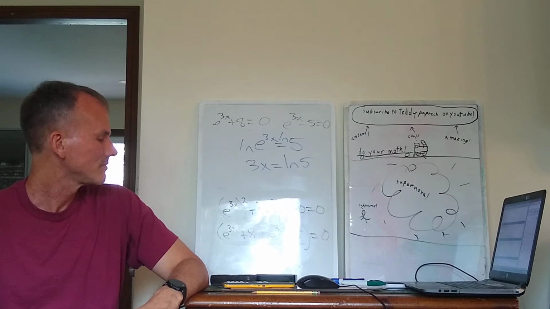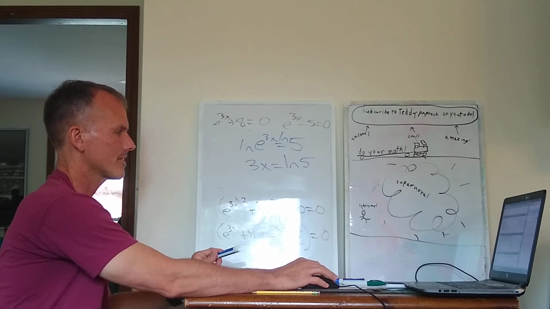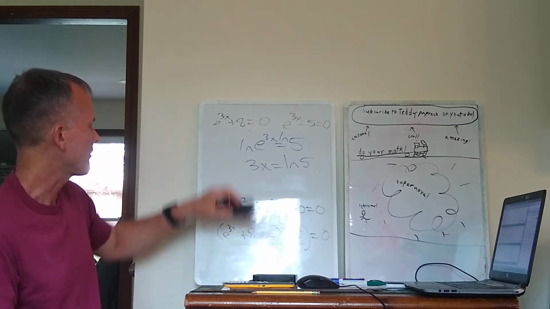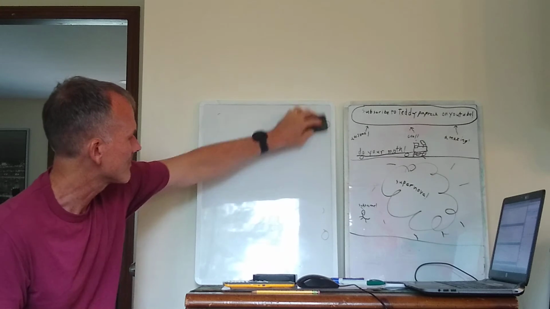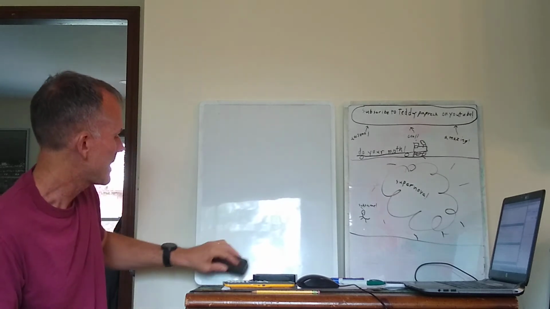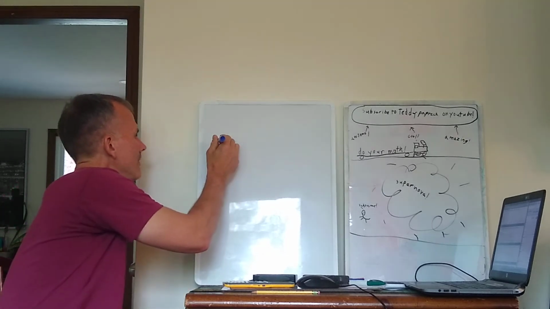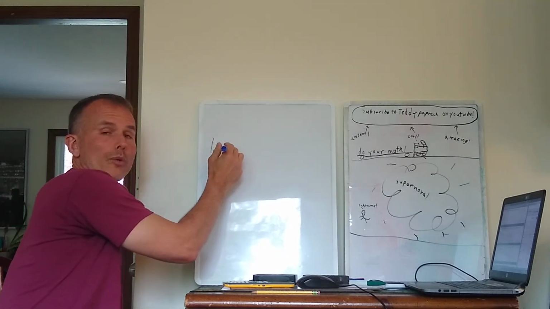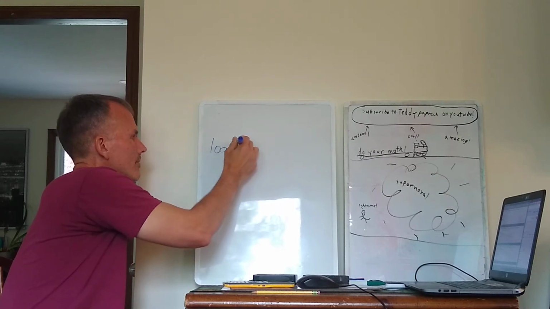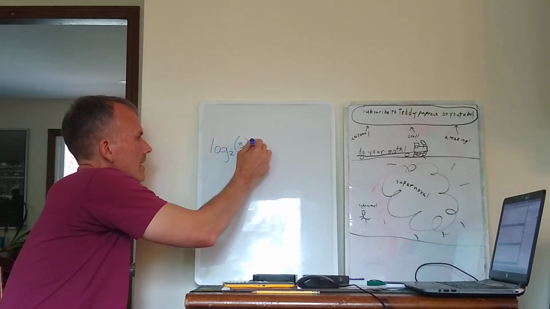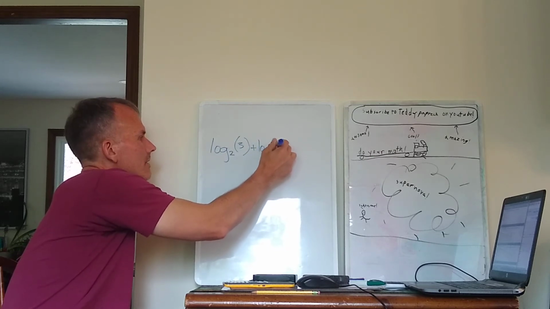Next one, we're going to number 14. This will be our first logarithmic equation, and it's going to be a great one. Again, this is 14 out of your assignment. So log base 2 of 3 plus log base 2 of x.